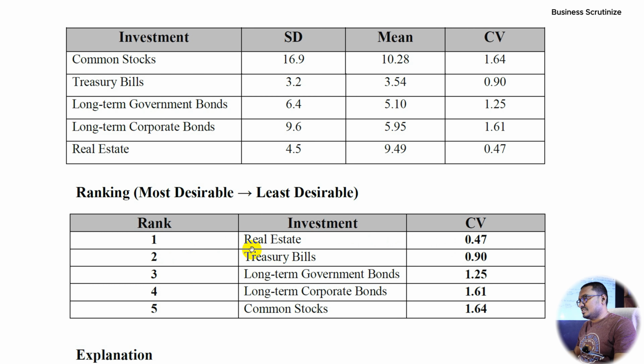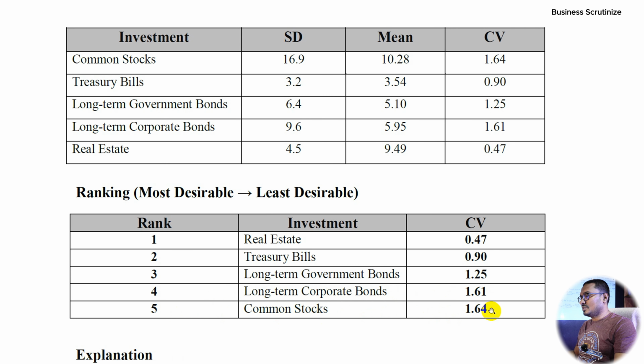For this reason real estate should be the first choice, and treasury bills should be ranked 2 because they have 0.9 as a CV which we computed. For long-term government bonds, third position in the ranking, with 1.25. Fourth position should be for long-term corporate bonds, with 1.61, and lastly common stock ranked 5, with a CV of 1.64.